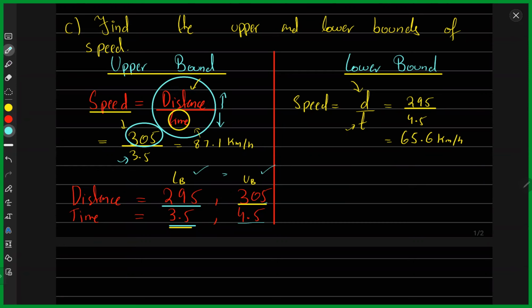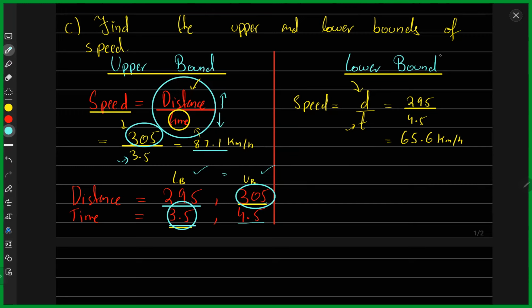I know that a fraction would be greatest possible when its numerator would be greatest possible and its denominator would be lowest possible. So since speed is a fraction, in numerator, I just took 305, and in denominator, I took 3.5 because 3.5 was the lower bound of time and 305 was the upper bound of distance, and this gave me 87.1 kilometers per hour.